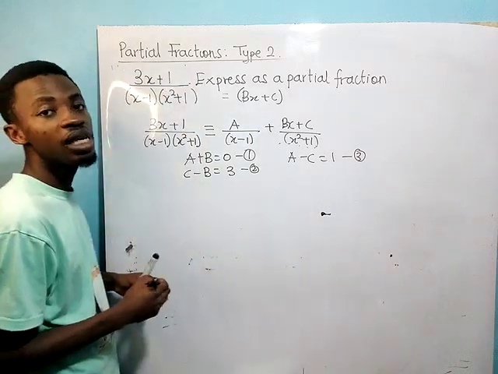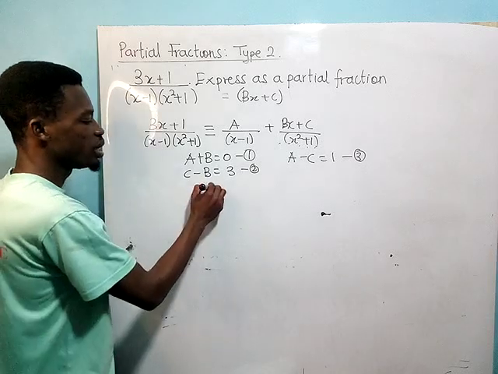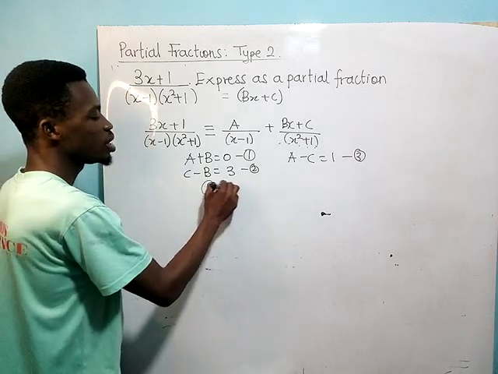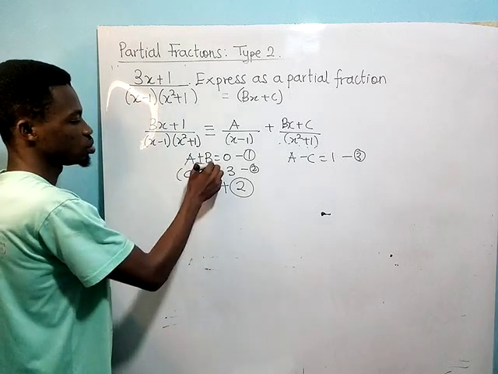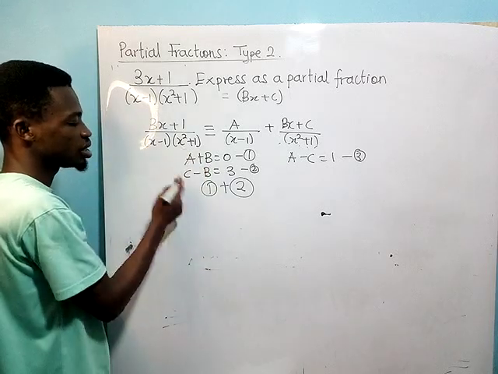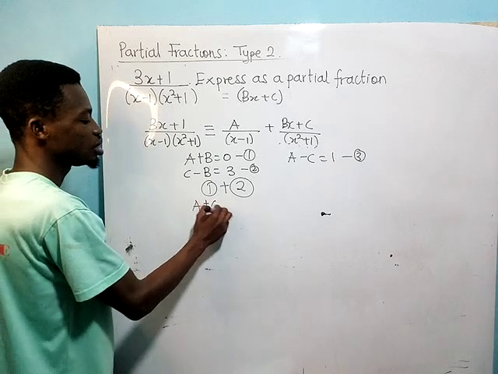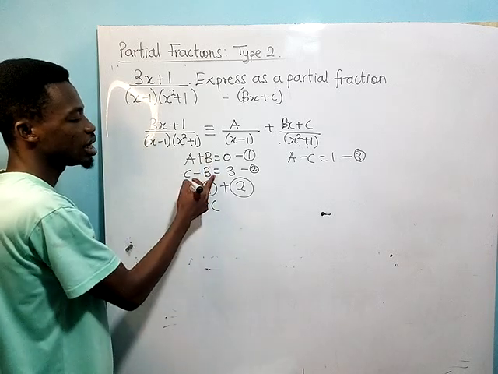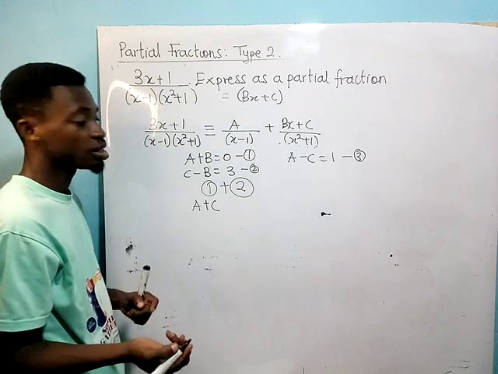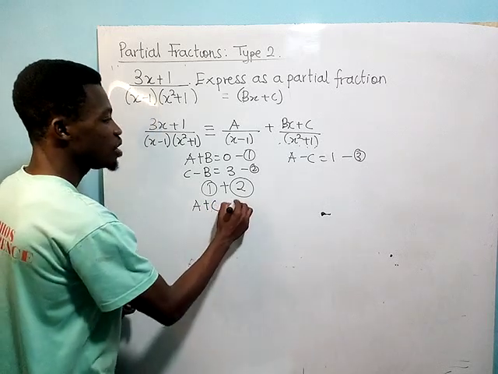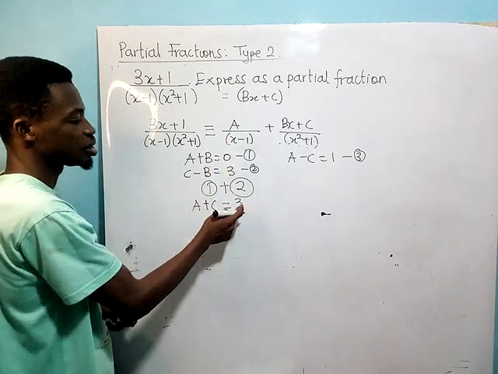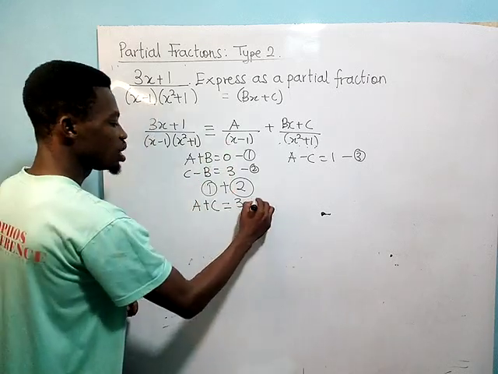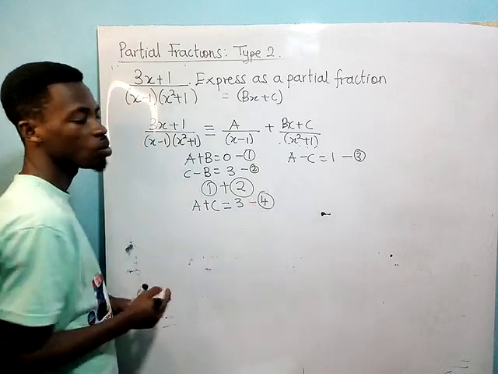Let's use the elimination method. We add equation 1 and equation 2. B plus minus b gives us 0, so we have A + c = 3, because 0 plus 3 is 3. This becomes equation 4.